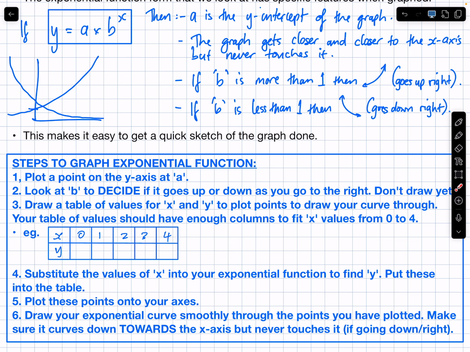I don't want a dot to dot of straight lines. So get those steps down, and then we will see how it's done, okay? Four minutes, and then I'll demo those steps for you.